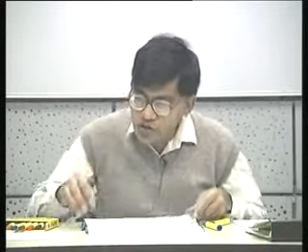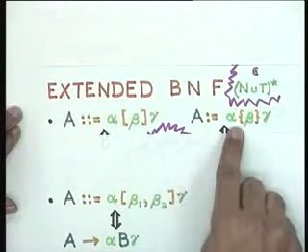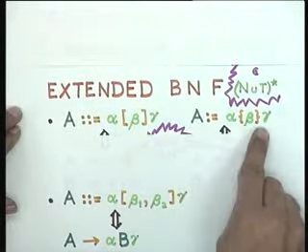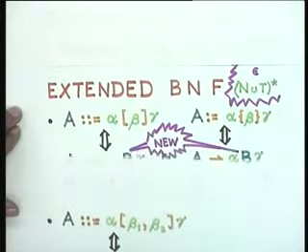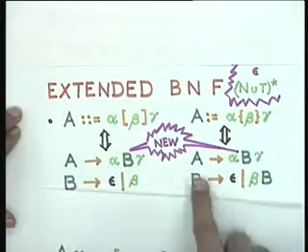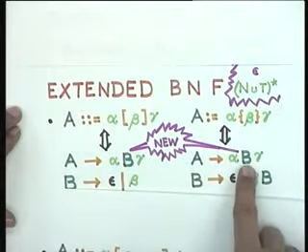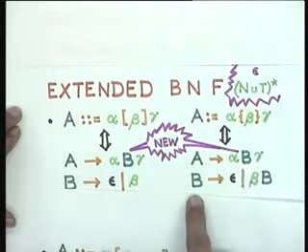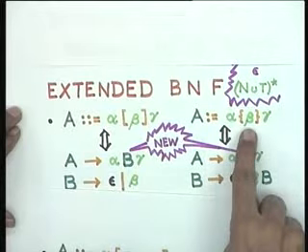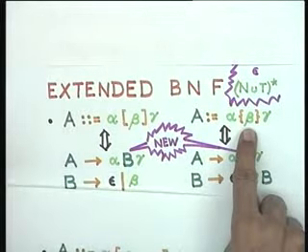The other thing is that you can have 0 or more repetitions of some option. So if you have a production of the form A goes to alpha within braces beta gamma, this is equivalent to two productions: A goes to alpha B gamma, where B is a new non-terminal denoting 0 or more repetitions of the string beta.